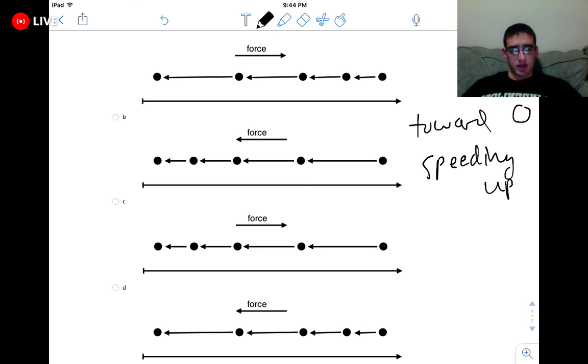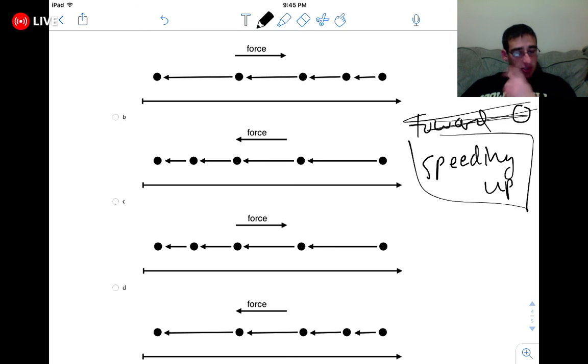All right, so let's look at these. Well, first off, I see that all of them are going towards 0. See how they all point that direction? So right now I can't differentiate based on this. So I got to focus on speeding up. And let's see which ones are speeding up.